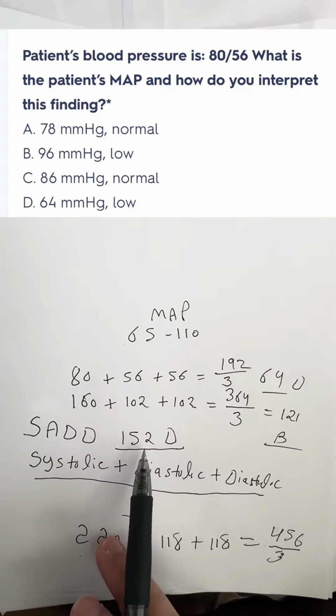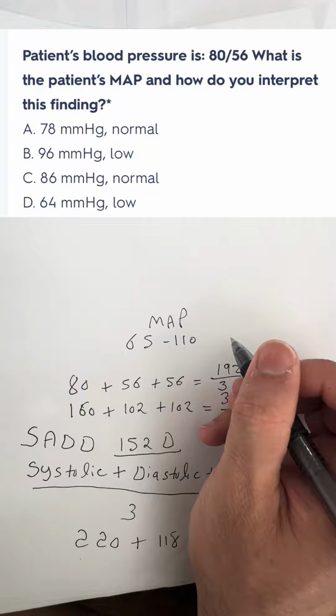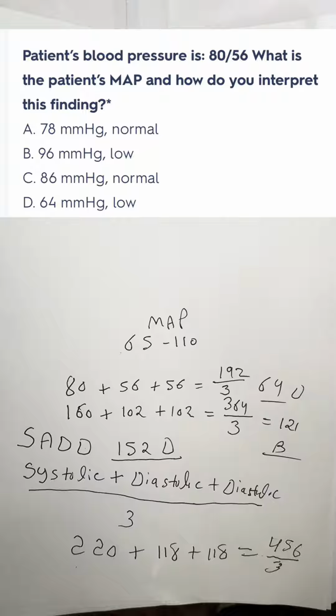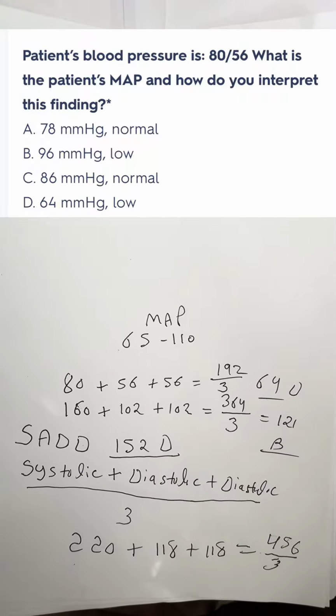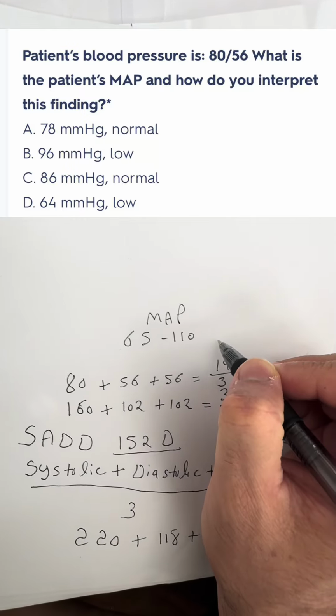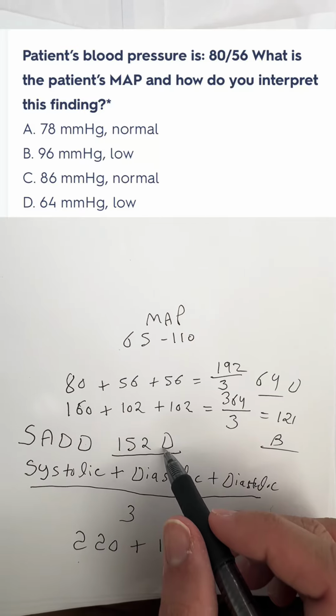Our first answer was 152, which is greater than 110. That means your artery is having too much pressure and the heart is working very hard, going towards the bad side.